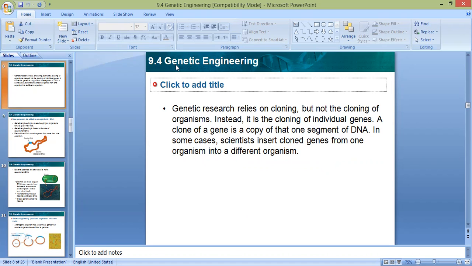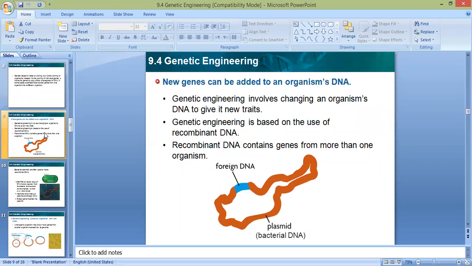They use this idea by cloning or copying some genes, not all the DNA, genes in the DNA segment, and change these genes or insert new genes into one organism to change its traits or its disorders. As we said at the beginning, all these biotechnological techniques rely on cutting DNA, so the new genes can be added to an organism's DNA.